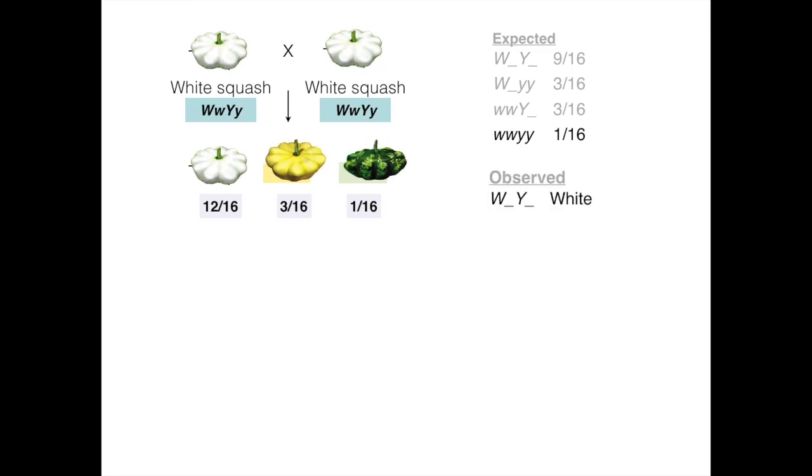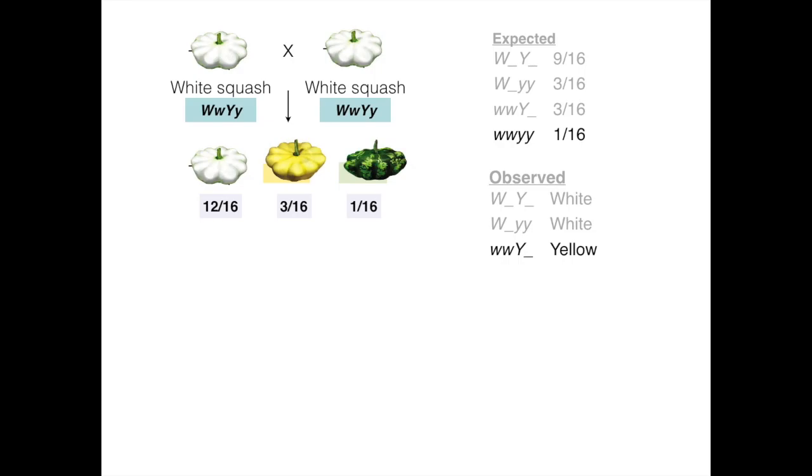When we have a dominant white allele and a dominant yellow allele in the same squash, we end up with a white squash, not a yellow squash. When we have a dominant white allele and recessive alleles of yellow, we end up with a white squash, which is expected.